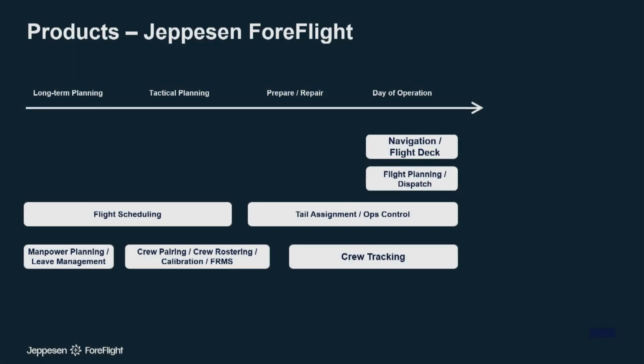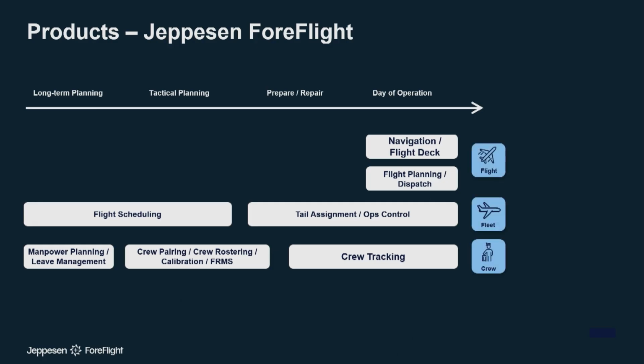So the entire process and what we do. On the far left, we have long-term planning. This is to make sure that we have enough hardware, tails, flights, crew sometime in the future to perform our flights. This can be anywhere from several years to a couple of months. And as we move further to the right, we get closer and closer to day of operations, and this is where we actually perform the flights that we have planned.